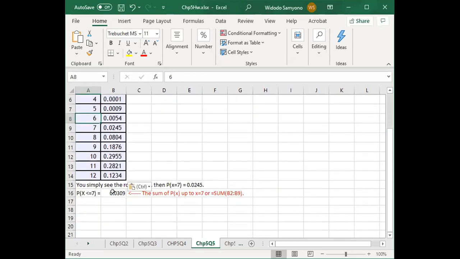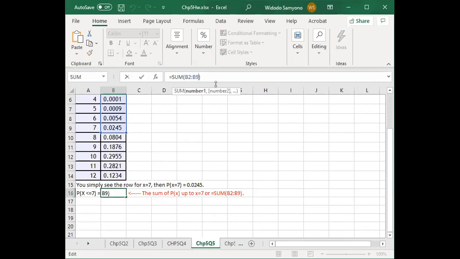So the summation from 0 to 6 is the same as adding P2 to P8, because P2 is x equal to 0 and P8 is x equal to 6. So your answer will be this one here.